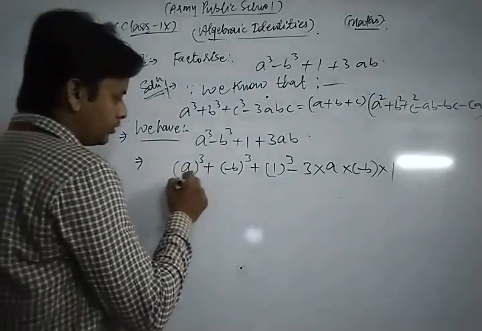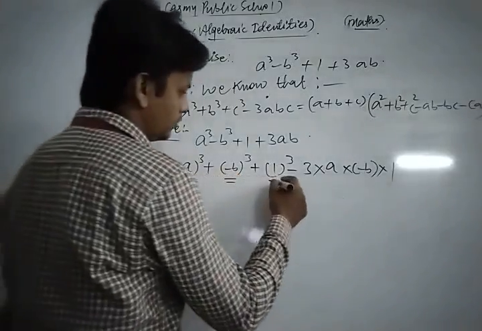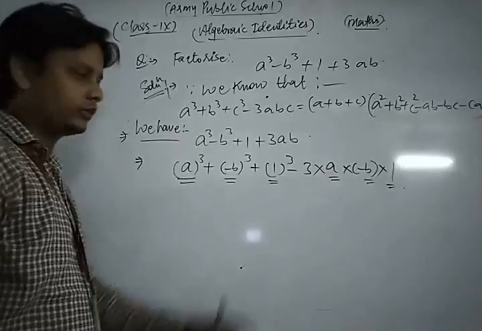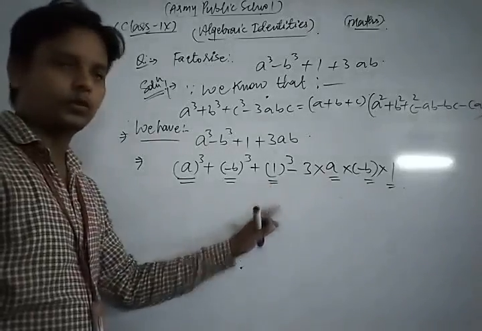Now this is the form of a³ + b³ + c³ − 3abc. Here the value of c is 1.